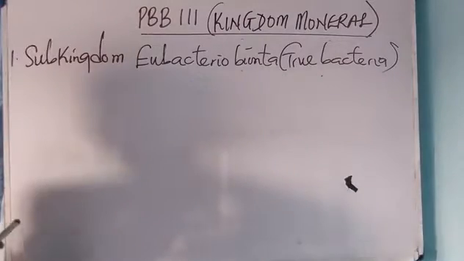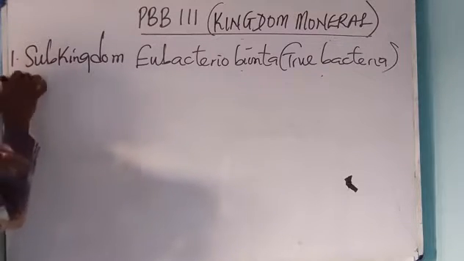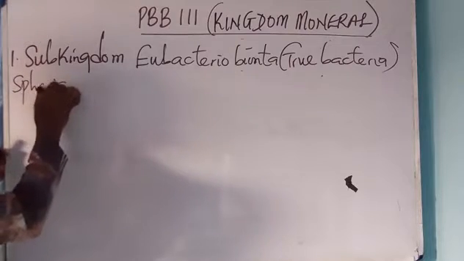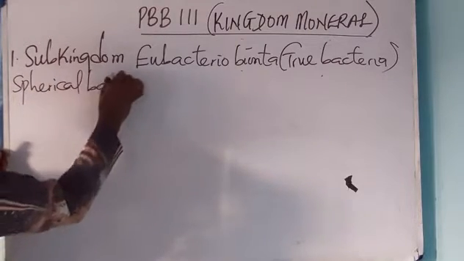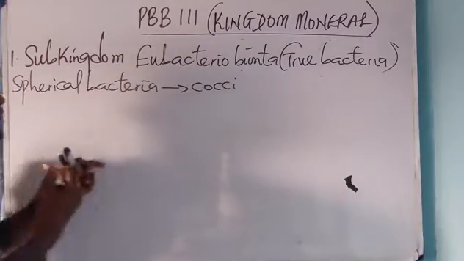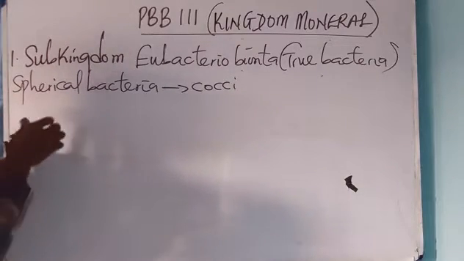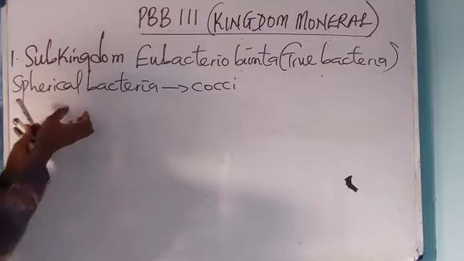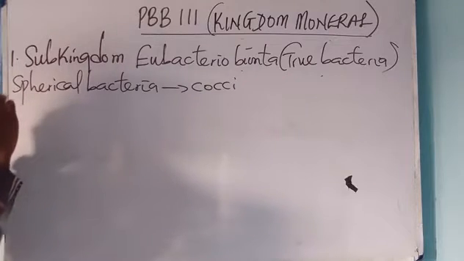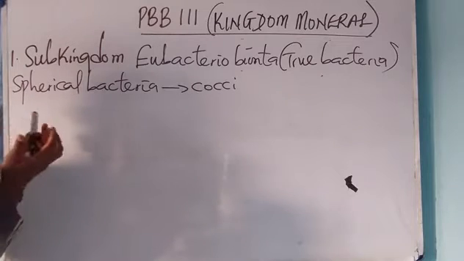Now, the bacteria that are spherical or round. Spherical bacteria are called cocci. Singular is what? Coccus. Now, we have bacteria that occur in a spherical manner, and this spherical bacteria now occur in the form of what?